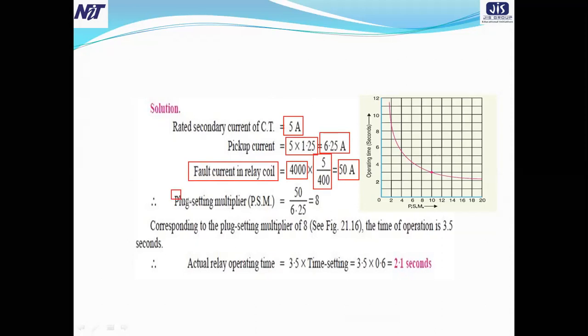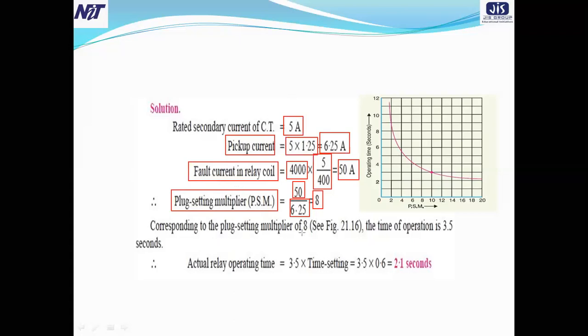Now the plug setting multiplier: we know its equation, that is the fault current in the relay divided by the pickup current. So 50 divided by 6.25, so the value will be 8. In this way we find the plug setting multiplier from the given problem.